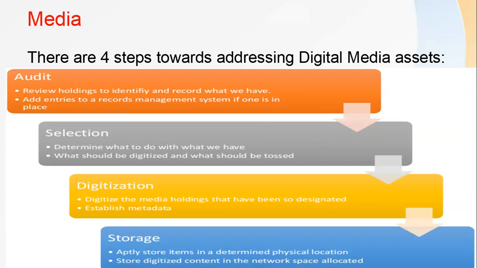Selection: determine what to do with what they have, what should be digitized and what should not. Then digitization: digitize the media holdings that have been so designated and establish metadata. Then storage: apply storage to items in a determined physical location and store digitized content in the network space allocated.